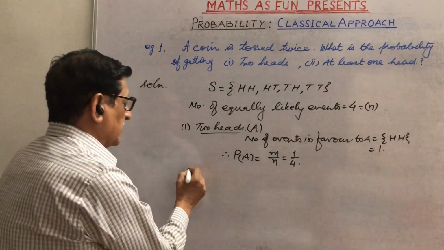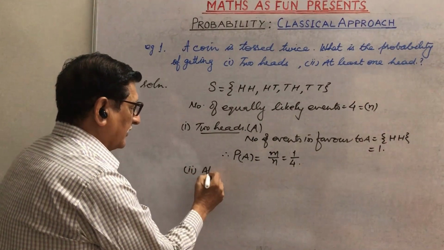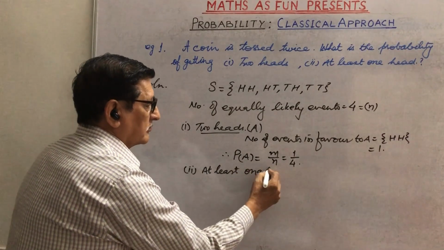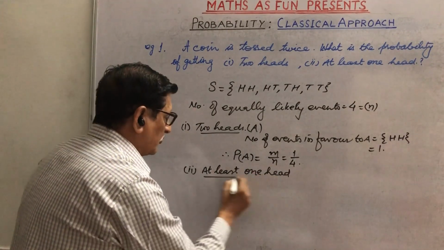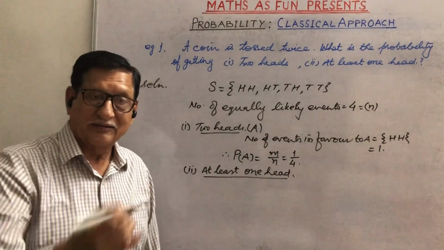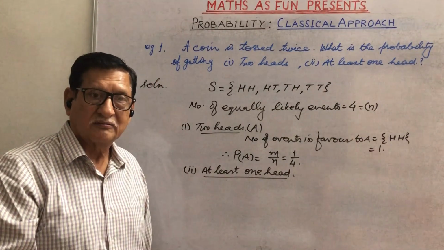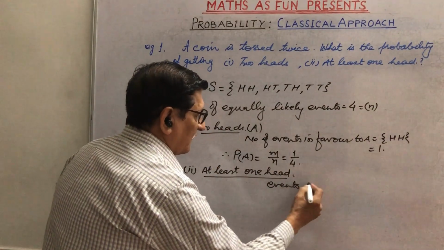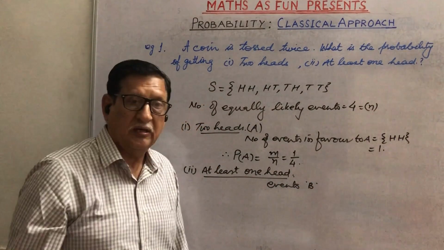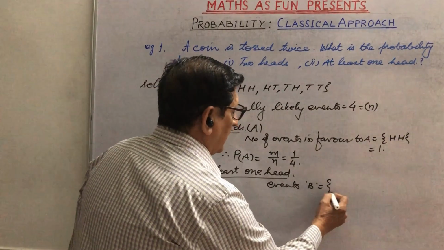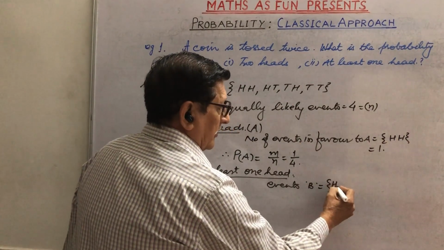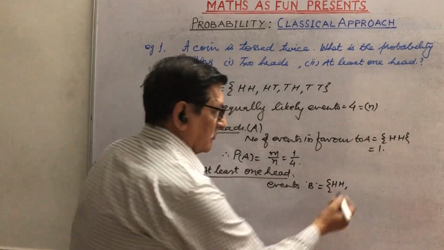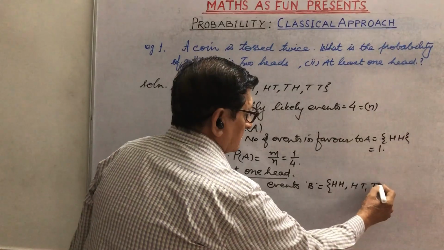In the second case, we have to find out at least 1 head. At least 1 head means either 1 head or 2 heads. And what are the events? The events we are finding here, suppose this event is B, those events are HH, both the heads, or 1 head.